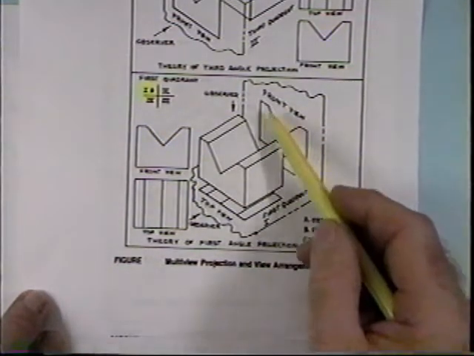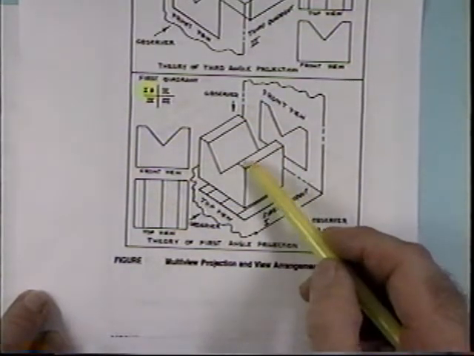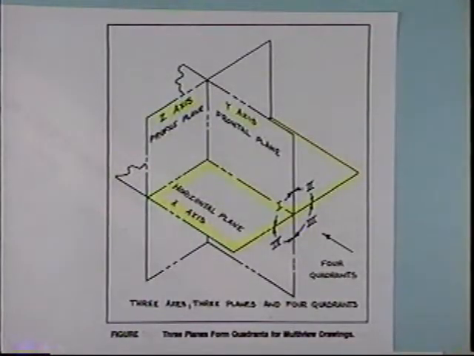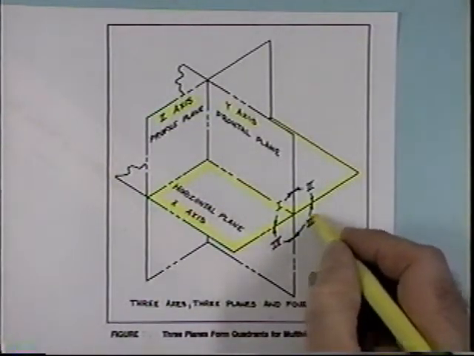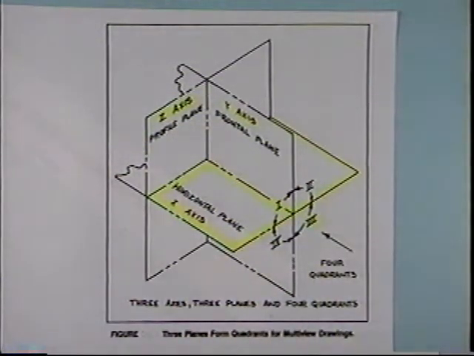And then you see what we have as a result here is the object is projected from the object to the plane, and we call that the first angle projection. So in America, we use this third quadrant. In the rest of the world, they use this first quadrant, and we come up with two different planes of projection, or two different ways to look at an object.